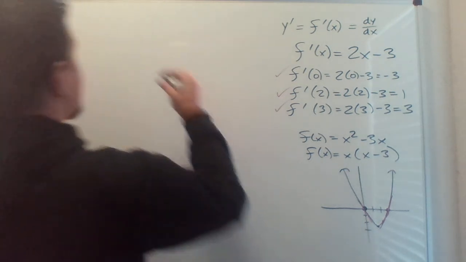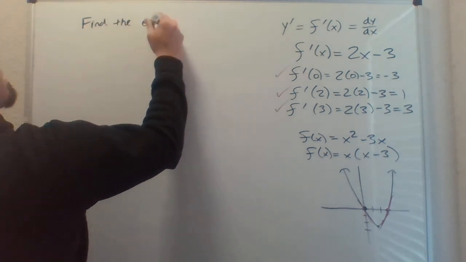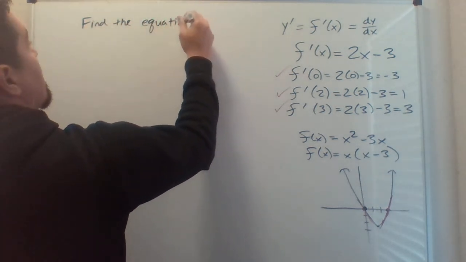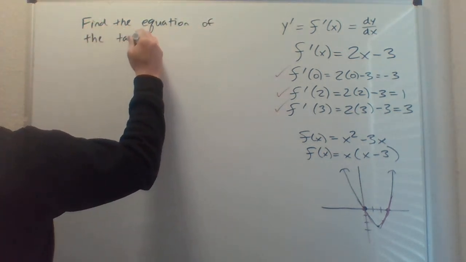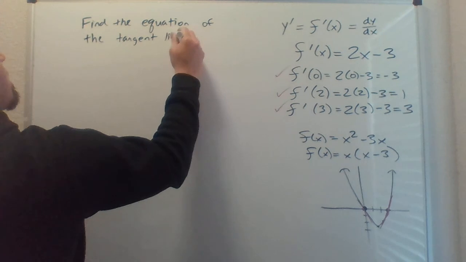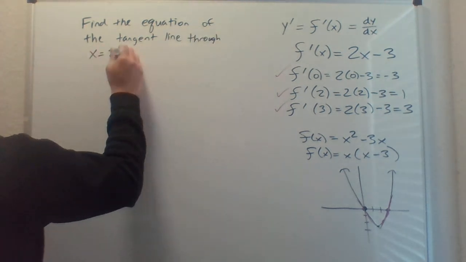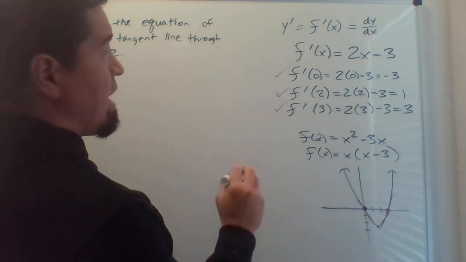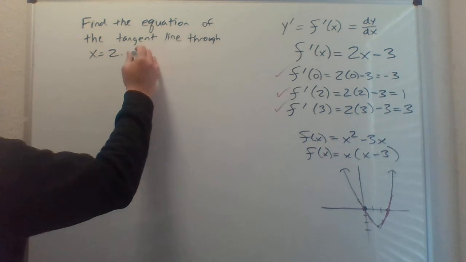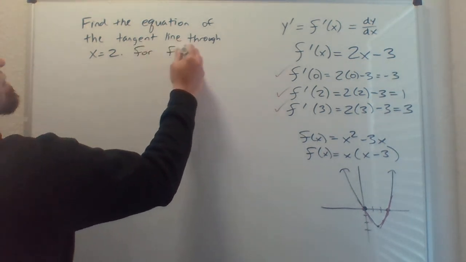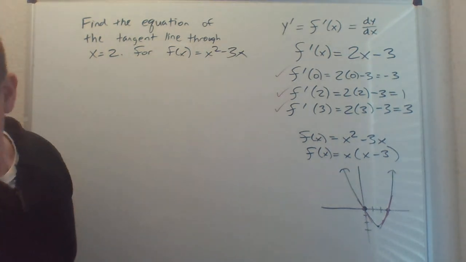And the question is, find the equation of the tangent line through x equals 2, on the same function we're working with, which is f of x equals x squared minus 3x.